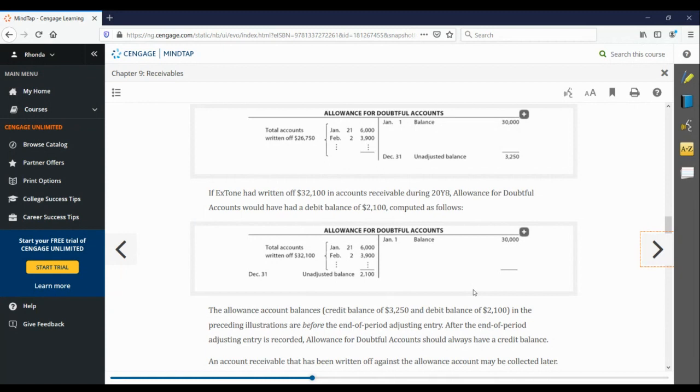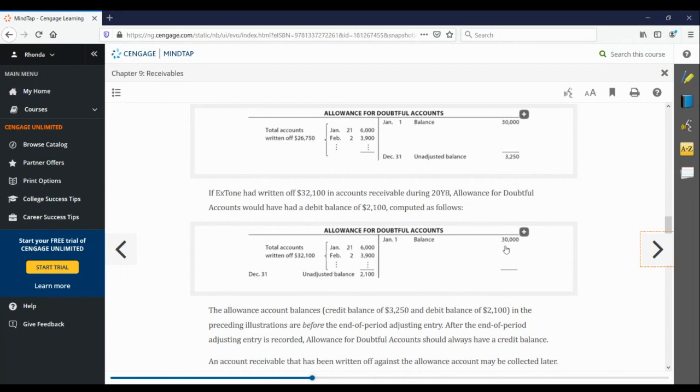But sometimes before we adjust our balance, before we create our adjusting entry to estimate the amount of the uncollectible accounts, we could have a temporary debit balance in our account before the adjusting entry. And that's exactly what happened in this second what if analysis.